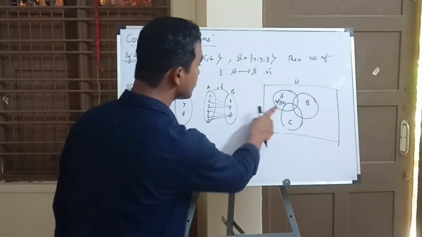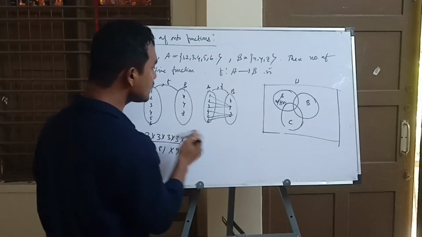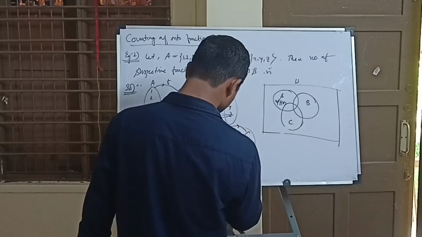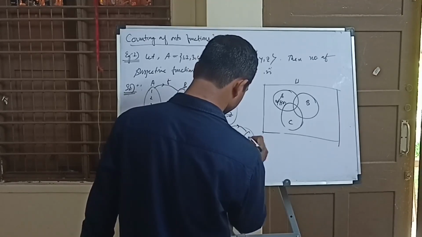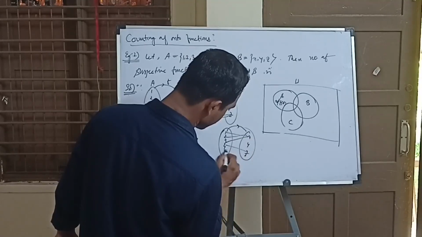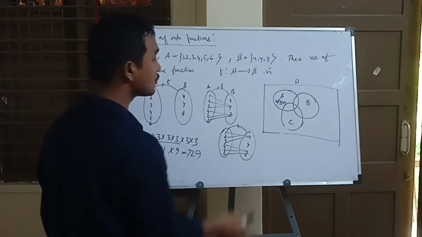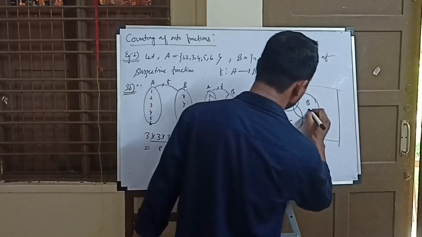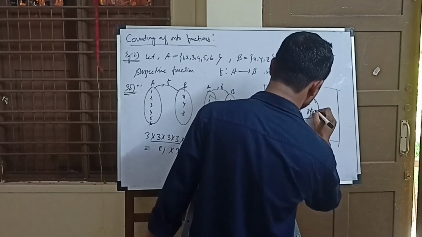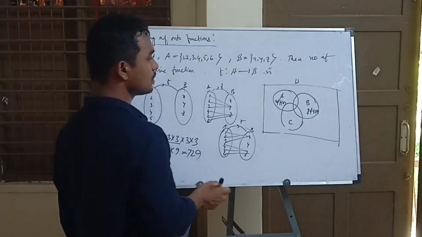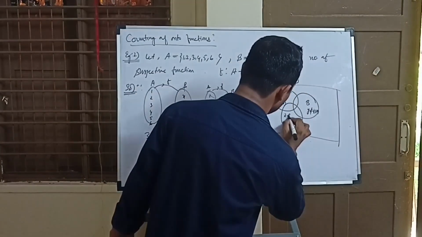A contains only this kind of functions and B contains this kind of functions, where y does not belong to the range of A. Correct? And C contains this type of functions where z does not belong to the range of A.